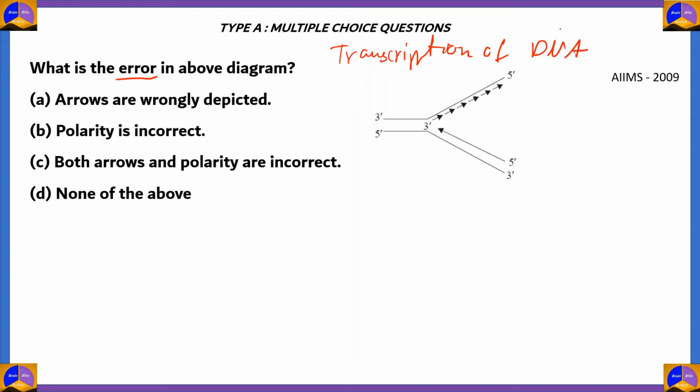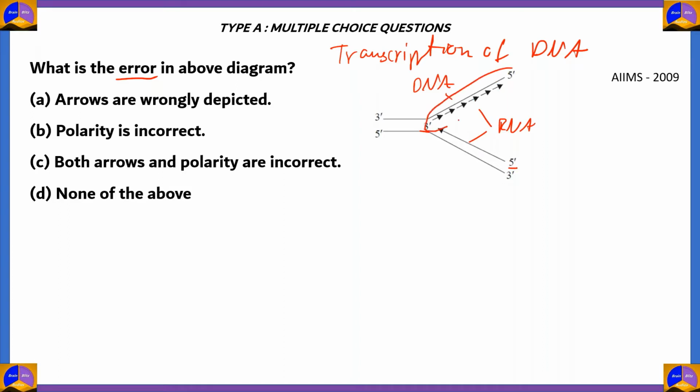So you notice that these are RNA, and this is the parent DNA that is getting transcribed. And if you notice at the RNA, you see that at the bottom end, the RNA goes from the 5' end to the 3' end. And for the lagging strand at the top, it goes from 3' end to 5' end.